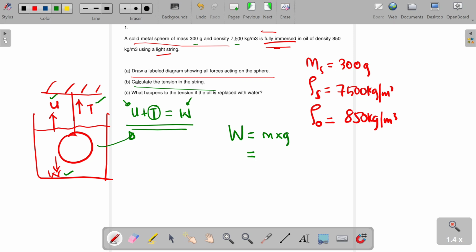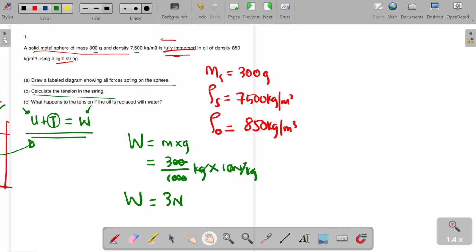So the mass will be 300 grams divided by 1,000, which gives us kg, times 10 newtons per kg. These cancel out and we end up having 3 newtons. That's our weight. So we have found the weight.